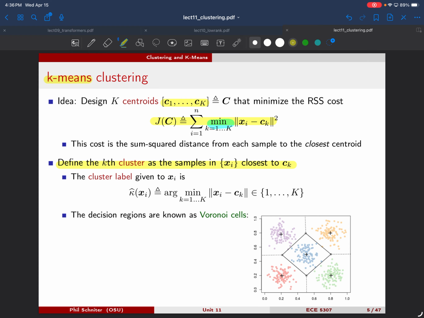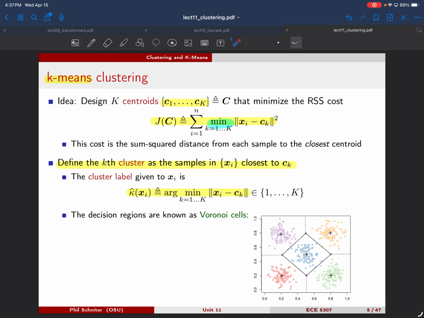In other words, for the ith sample x_i, if you want to know which cluster it belongs to, you find the closest centroid to x_i, and whatever k indexes that centroid, we'll call that the cluster label. So this cluster label is just an integer from 1 to k.